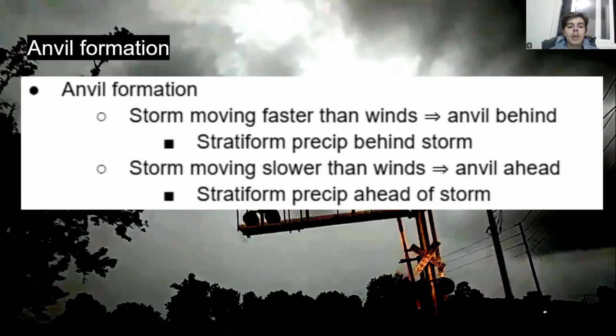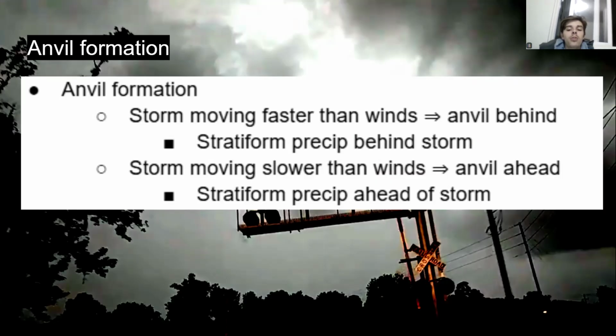So for the anvil formation, if we have the storm moving faster than the winds, the anvil ends up being behind, and the stratiform precipitation is behind, which is the trailing stratiform case.